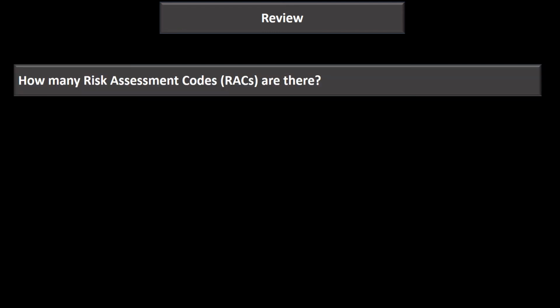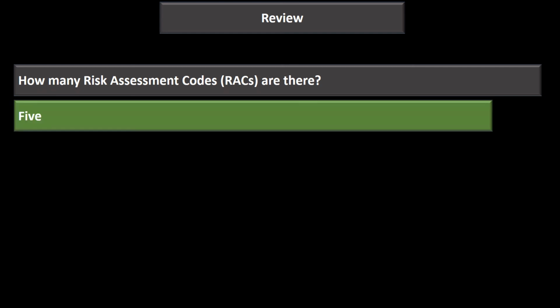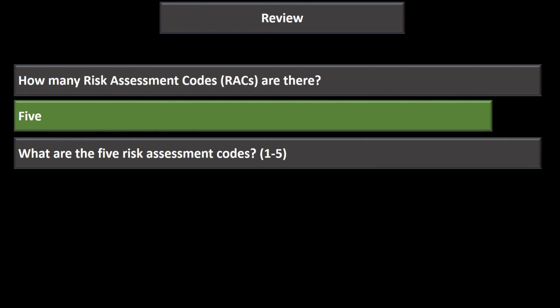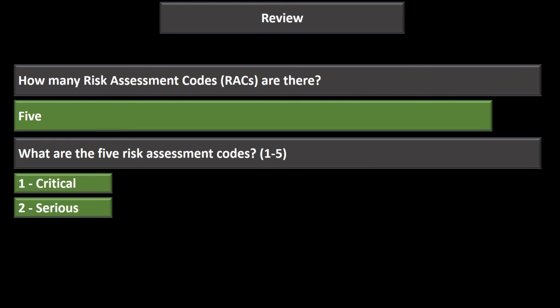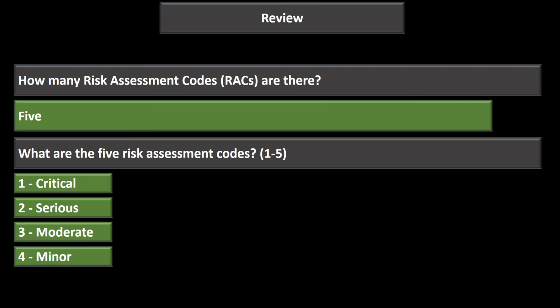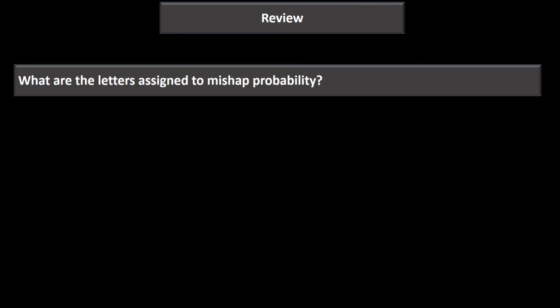How many risk assessment codes are there? How many RAC numbers are there? Well, there are 5 RAC numbers. What are the 5 risk assessment codes? We said 1 is critical, 2 is serious, 3 is moderate, 4 is minor, and 5 is negligible. What are the letters assigned to probability?